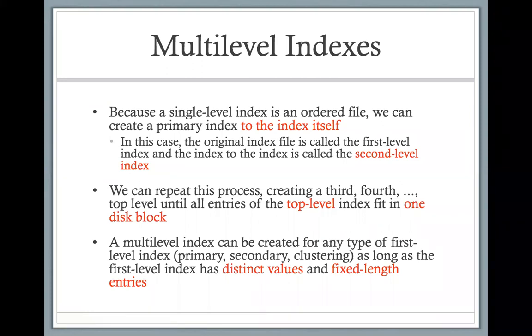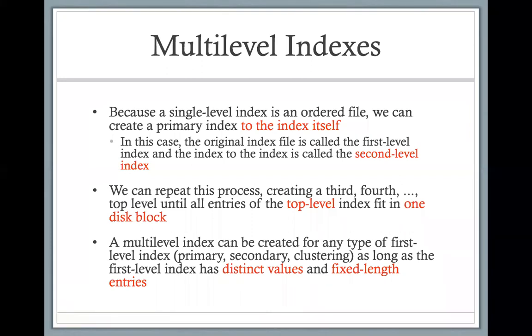In that case, the original index file is called the first level index, and the index to the index is called the second level index. And then I repeat the same process. For the second level index, I create a primary index on top of it. A primary index would be the smallest in size. It's better than a secondary index because I can only include one entry per block, so it's not dense.